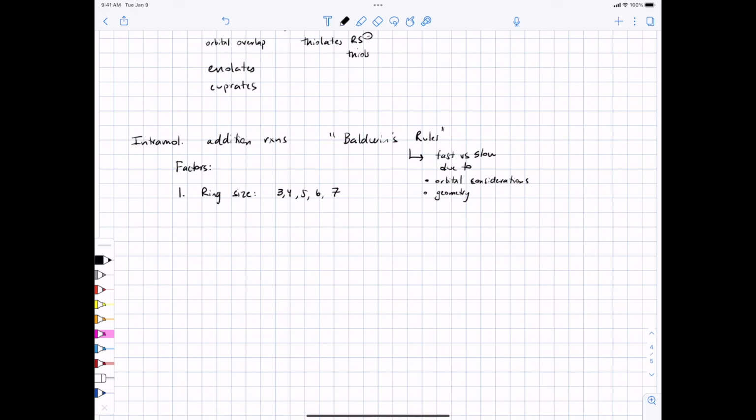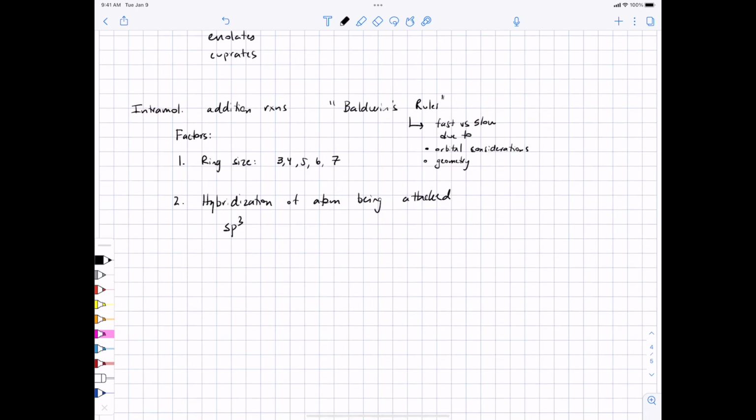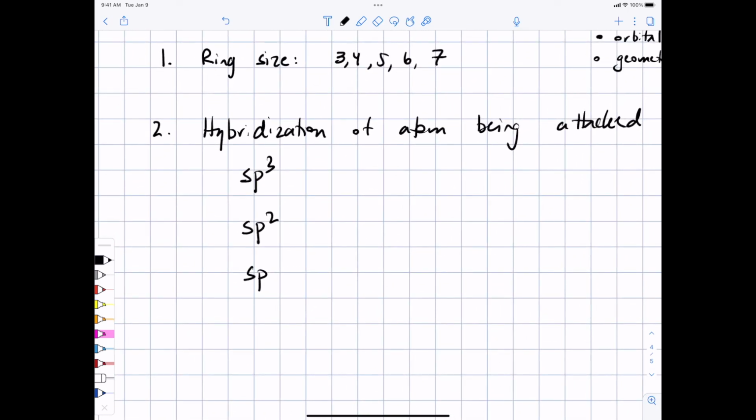The second issue to consider is hybridization of the atom being attacked. I realize none of this makes sense because I haven't given you an example yet, and that's fine. We just need to sort of pay attention. sp3, that would be like in a substitution reaction, sp2 or sp. Only in the Baldwin rules, they couldn't stick with sp2, sp3, and sp.